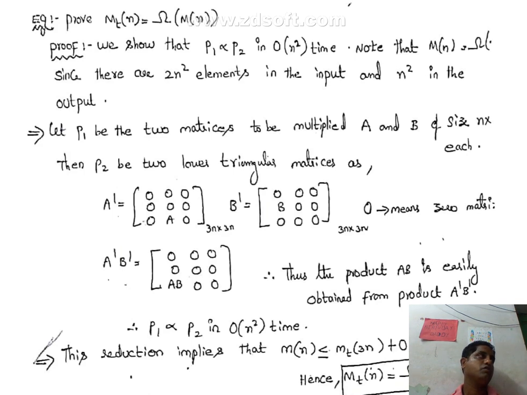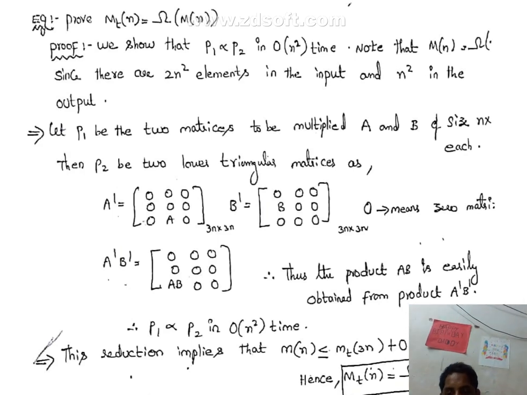Then when we multiply A dash B dash, we get 0, 0, 0, 0, 0, 0, AB, 0, 0. Thus the product AB is easily obtained from the product A dash B dash in big O of n square time. That is, the reduction implies that M of n is less than or equal to MT of 3n plus big O of n square. Hence, MT of n equals big omega of M of n square.